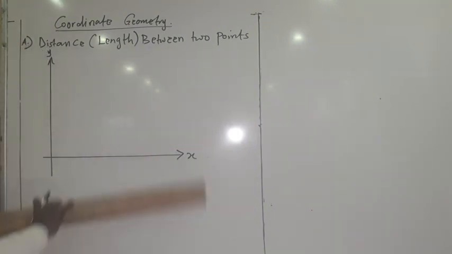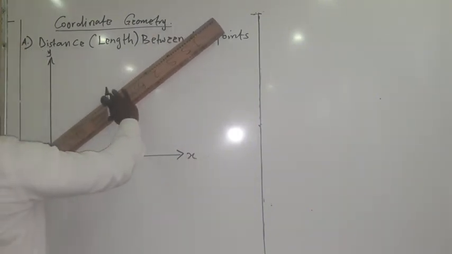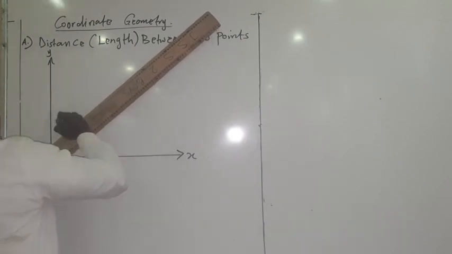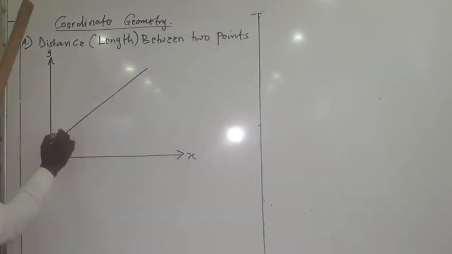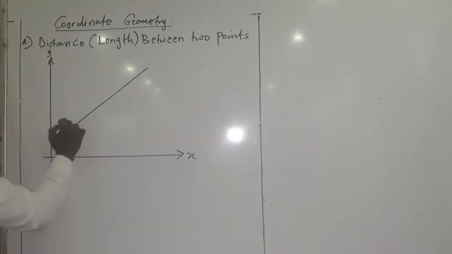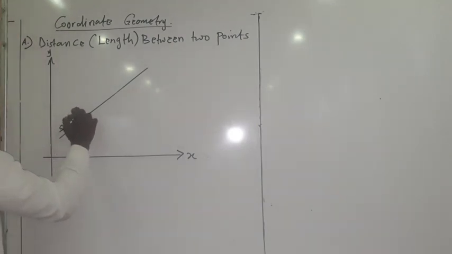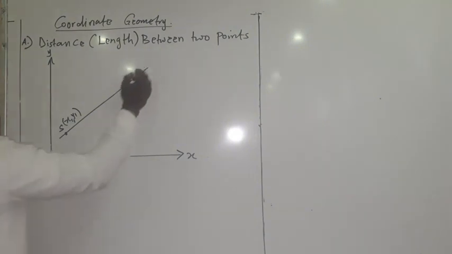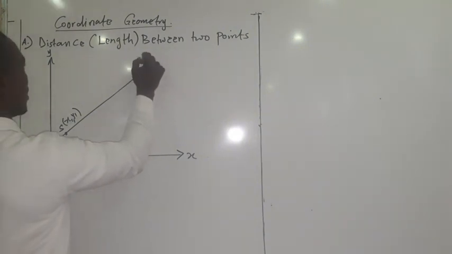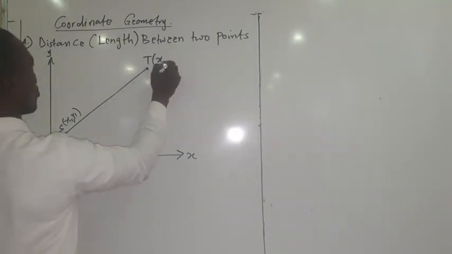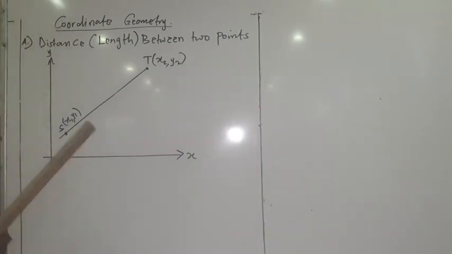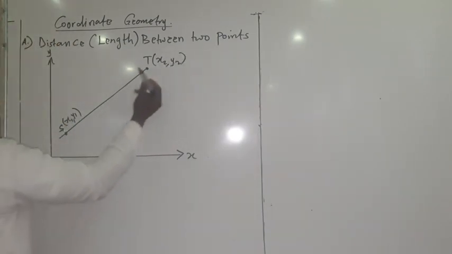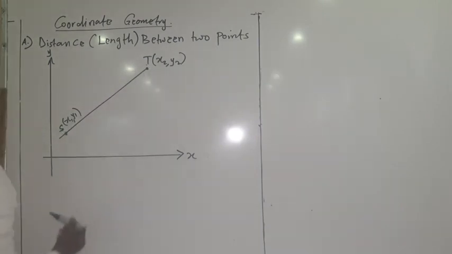We are going to have a straight line with point S of coordinate x1, y1, and point T of coordinate x2, y2. Then on this straight line, we want to know the distance between point S and point T. That's what we are looking for.